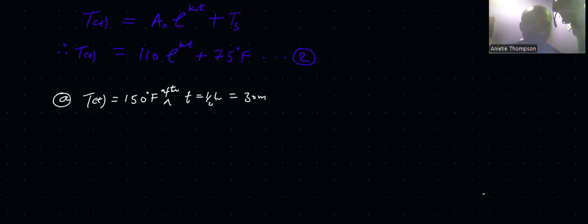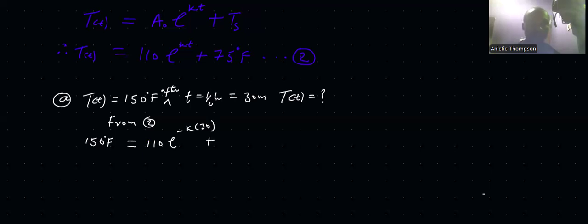So from that equation 2, from question 2, you have that 150 degrees Fahrenheit is equal to 110 exponential minus k into 30, because the time is 30 minutes, then plus 75, the temperature of the surrounding.